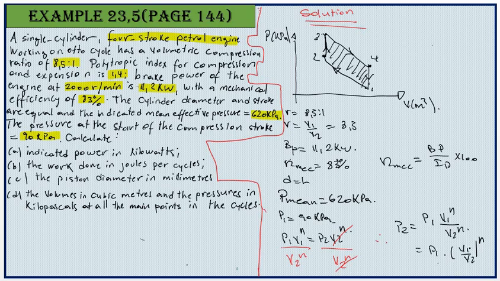Now I just need to replace, because I know that this represents the volumetric ratio. So P2 will be the value of P1, which is 90, multiplied by 8.5 to the power of n, which is equal to 1.4.